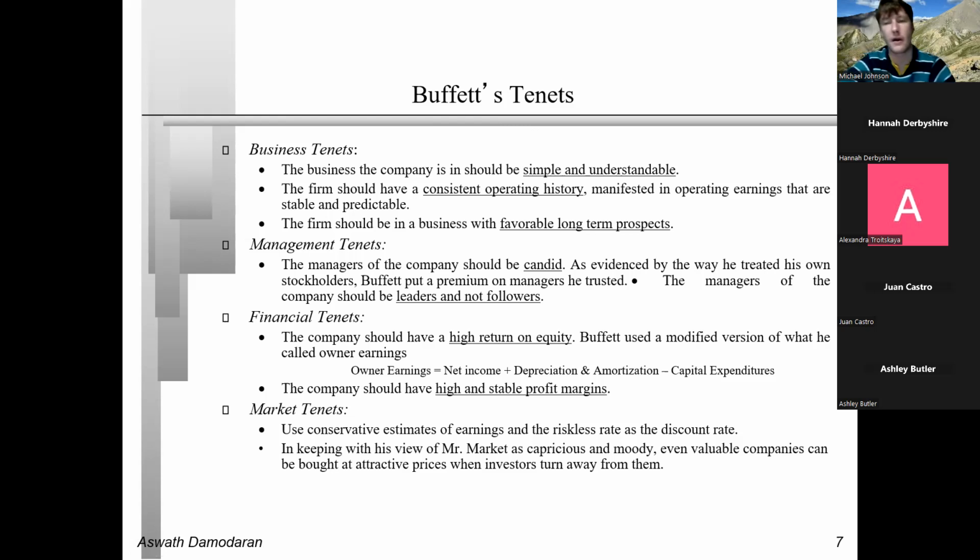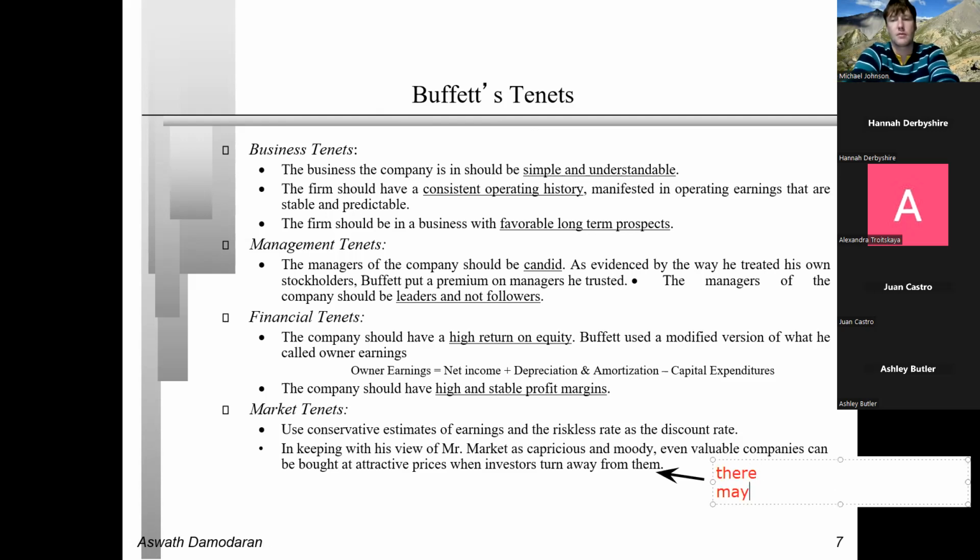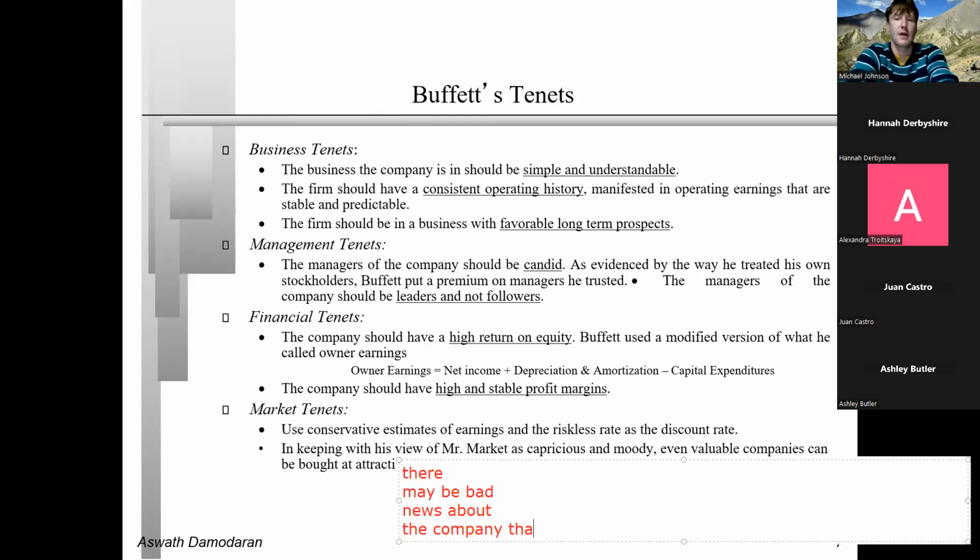And then you can buy valuable companies at cheap prices when investors turn away from them. Investors may turn away from them for many reasons. There might be some bad news about the company that will not affect the financials of the company, but the stock goes down.